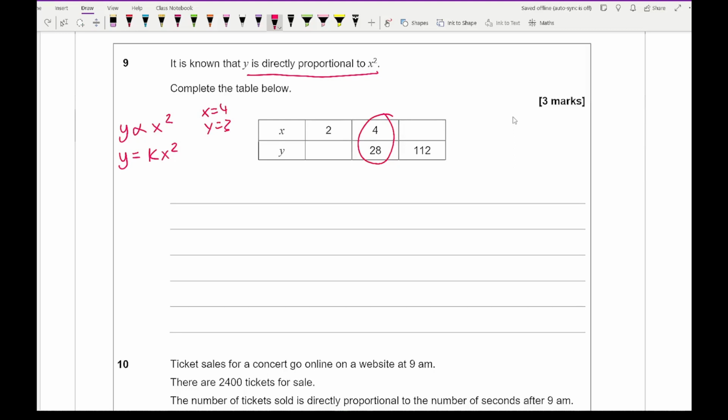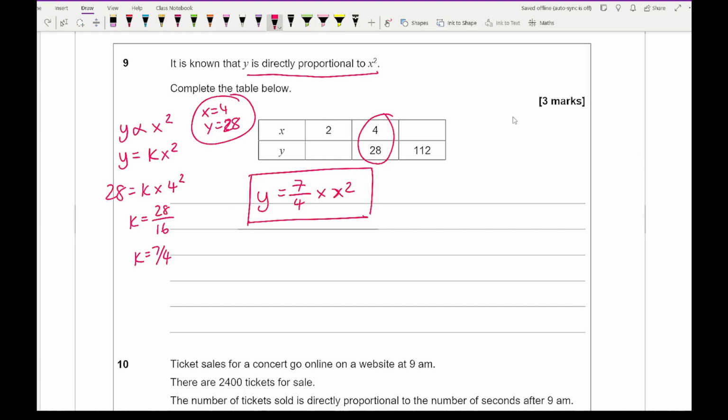Here I've got 28 equals k times 4 squared. So k equals 28 over 16, and that is 7 over 4. So then the formula is going to be y equals 7 over 4 times x squared.